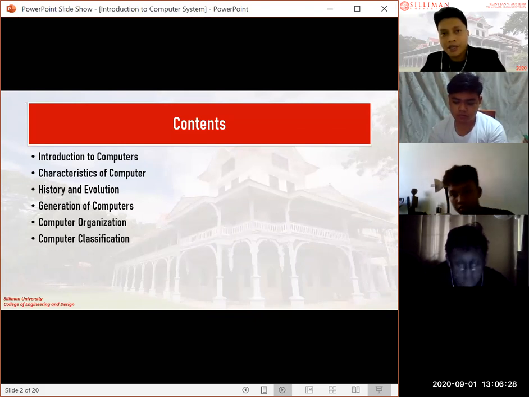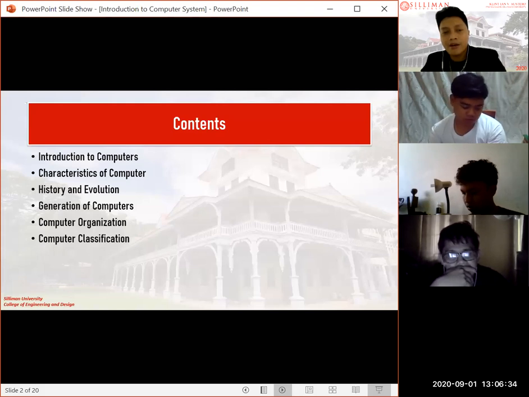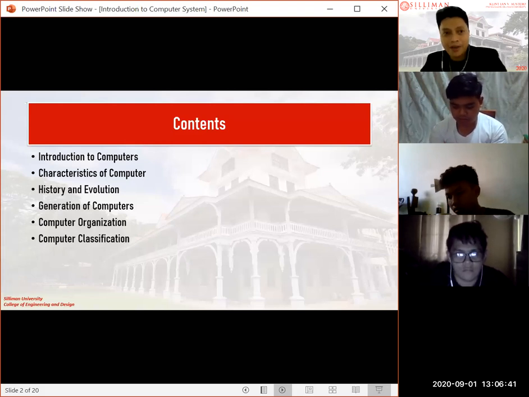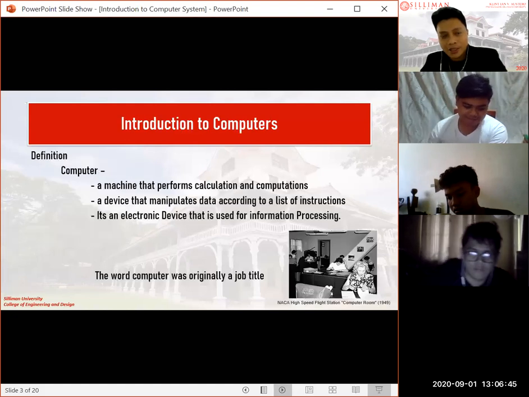So I think basically you already know what a computer is. You are watching or using computers today. So that's the basic part of what a computer is. As an introduction, basically a computer is a machine that performs calculations and computations.